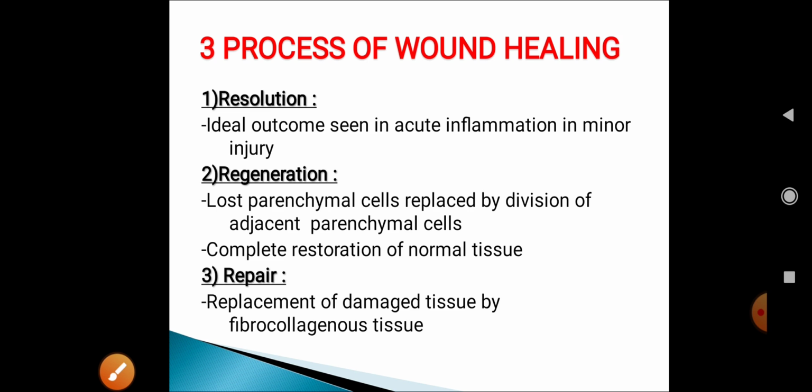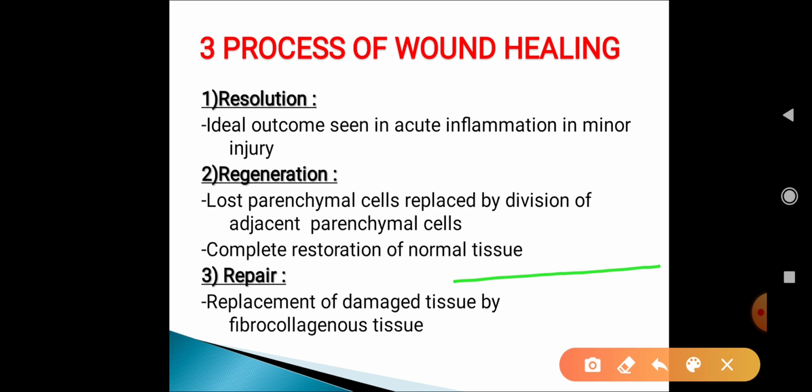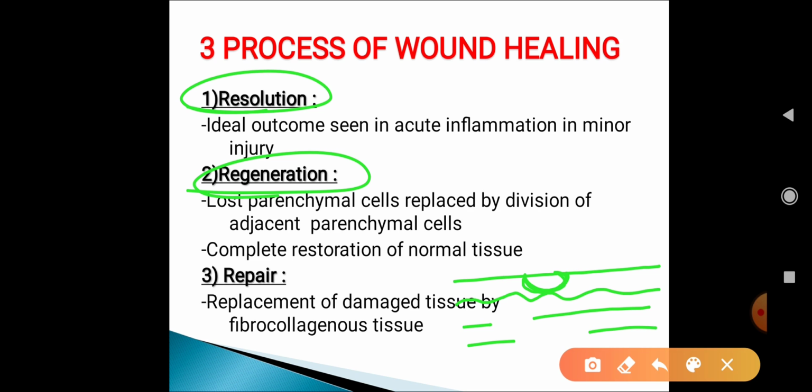Now we will see what is repair. Suppose this is your skin epidermis, and below it there is the dermis. Suppose you are having a major wound here, a defect, a breach in the continuity of the epidermis. Then this damaged tissue cannot do resolution or regeneration.